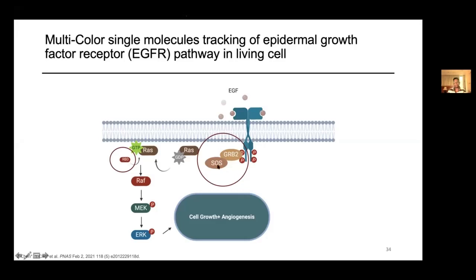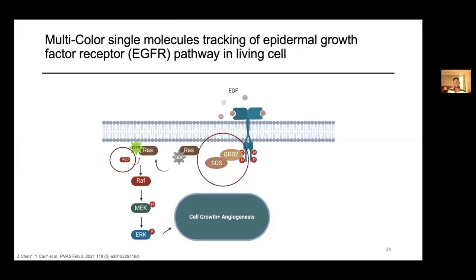We purified these three proteins and used nanopore electroporation to deliver them, to see whether they have biological activity and interactions, and whether we can monitor them simultaneously in a single living cell.